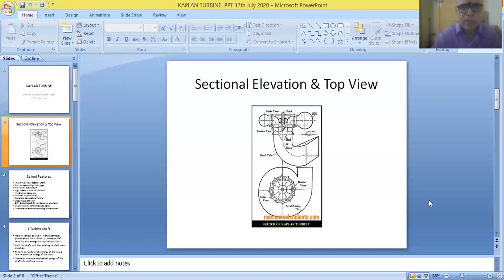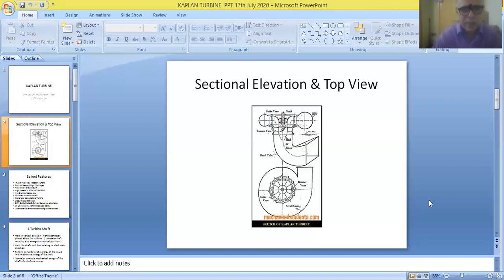Friends, a governor is used for operating the blades of the guide wheel mechanism. So when the turbine requires less quantity of water, this governor will be closing all the blades of the guide wheel mechanism.